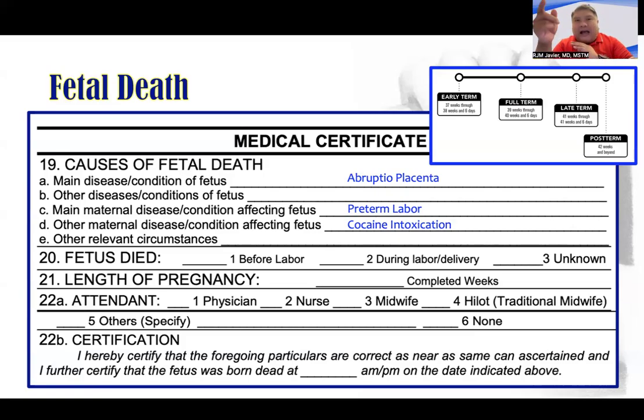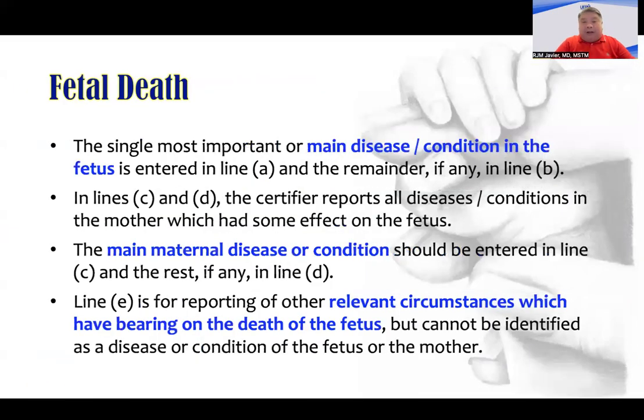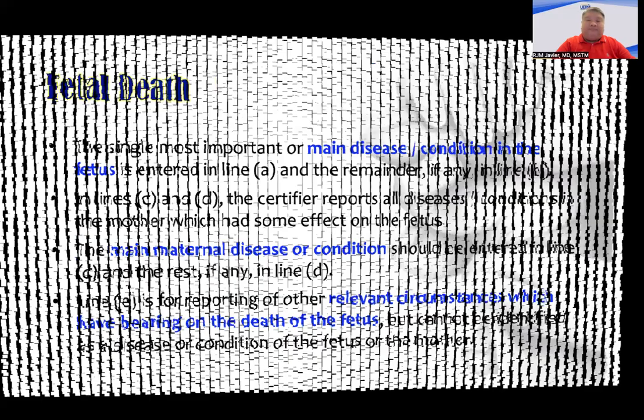You ask for the last menstrual period, which is the onset of the last menstrual cycle, not the first day when the menses stopped. So the first day of the menses is what we call the LMP, or the last menstrual period. Now, for the fetal death, the single most important will be the main disease or condition. And then sometimes if you can put the main maternal disease or condition, that would also be relevant.